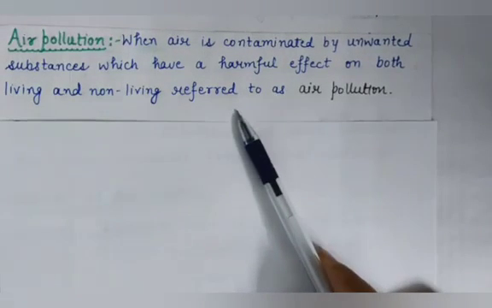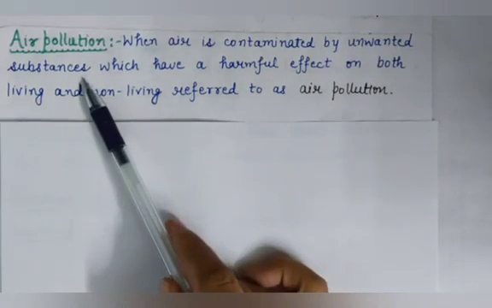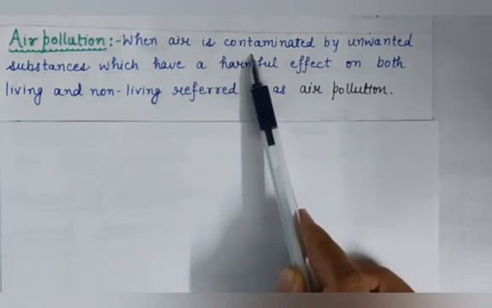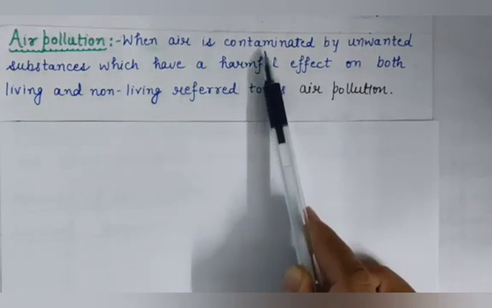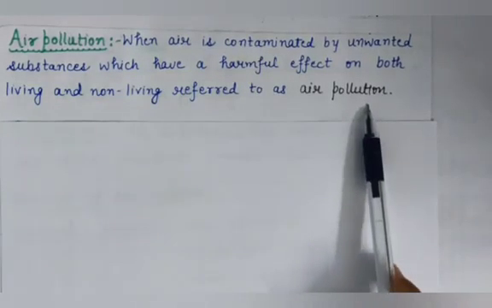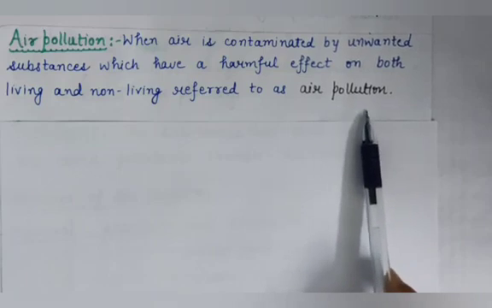Means any undesirable change in the characteristics of air is called air pollution. Means when unwanted substances mix with air like smoke, dust, etc. Okay, then it is referred to as air pollution. Now the question is, how does air get polluted?